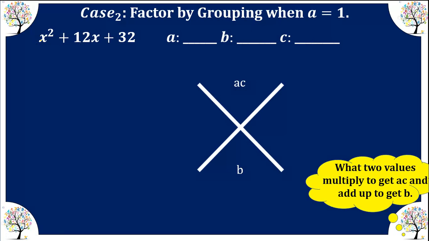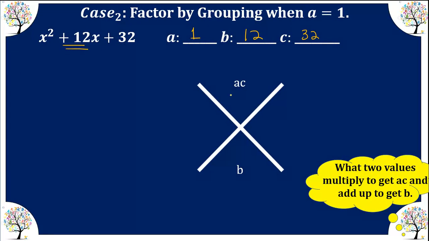Here we have our second example. Again, our A value in these problems is always going to be 1. Our B value is 12, and our C value is 32. I'm going to use my graphic organizer to help me know how to break this linear term into 2 terms.